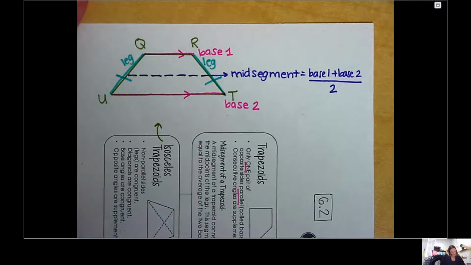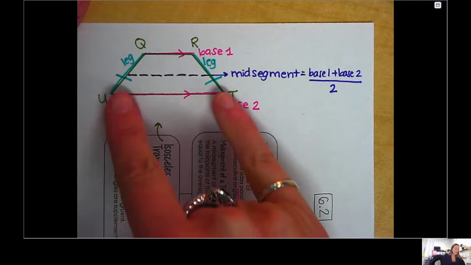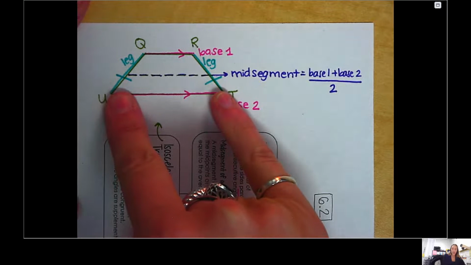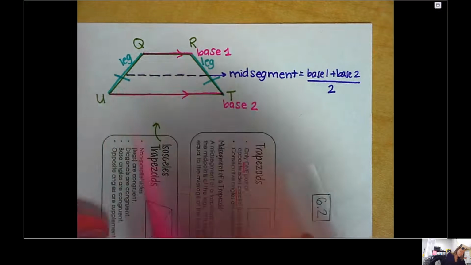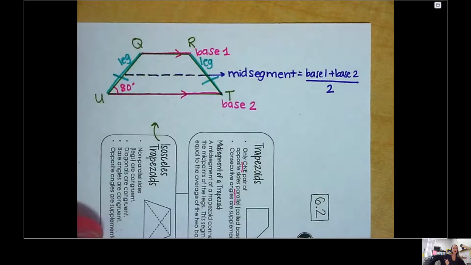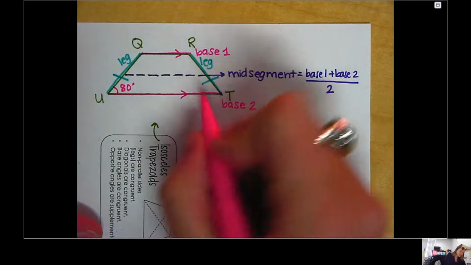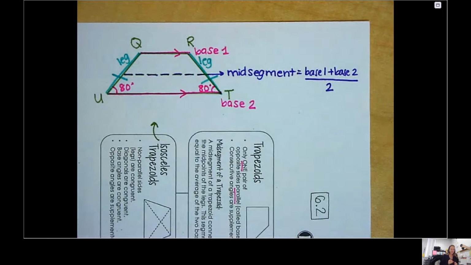The other piece is that base angles are congruent. If you've got two angles on a base, they should be congruent. For example, this one, angle U, is 80 degrees. The other one on the same base is also 80 degrees. These two should be the same.